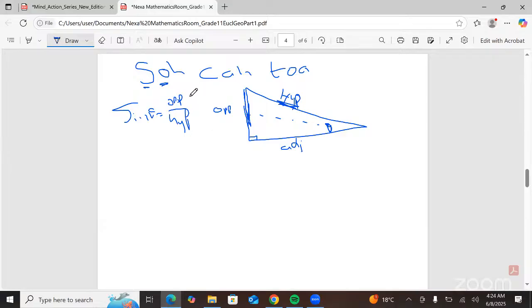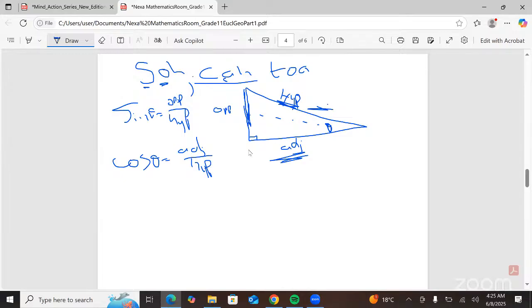Yes, sir. Now if you want to work with this side and that side, you go for C and use cos of whatever angle it is, which is adjacent over hypotenuse.